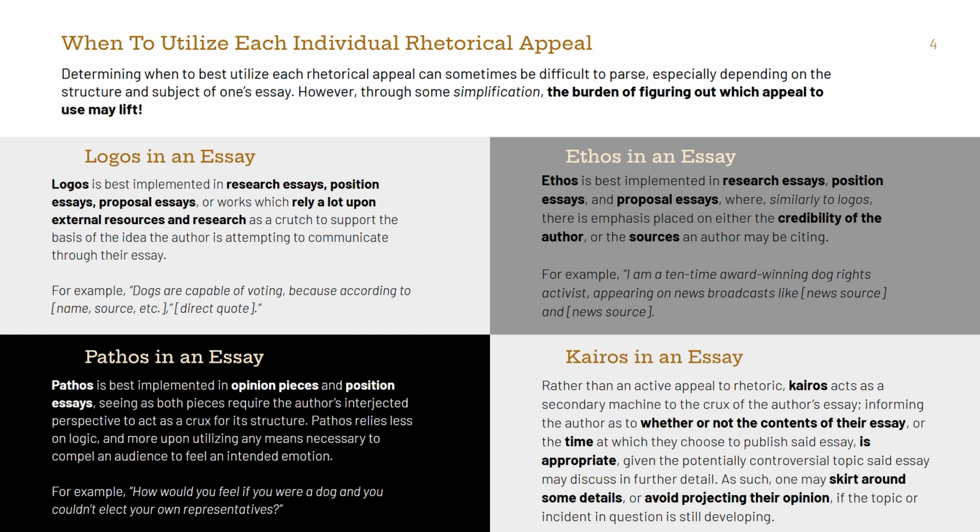So it's good to specify who you're citing in order to better allow your audience to understand the importance and expertise of the subject through which your essay is communicating.